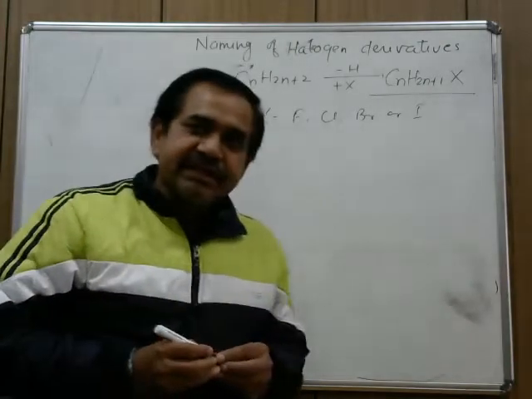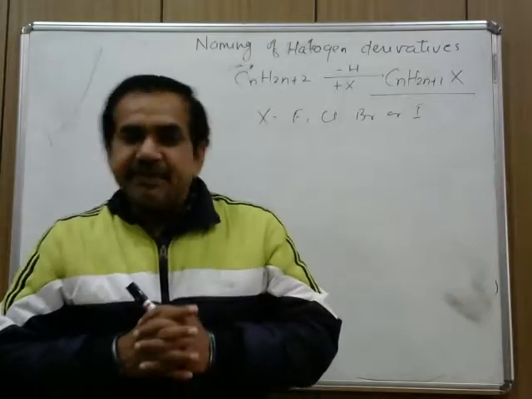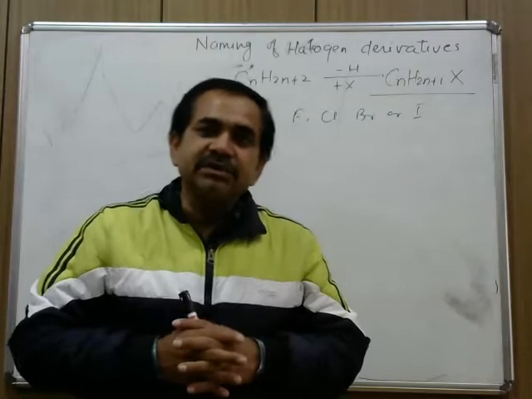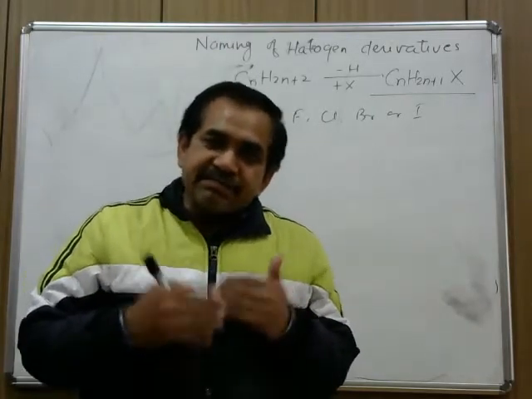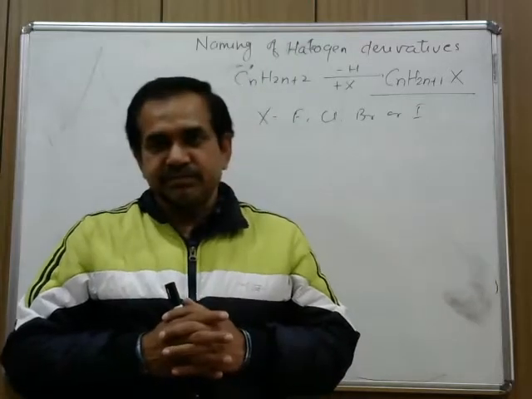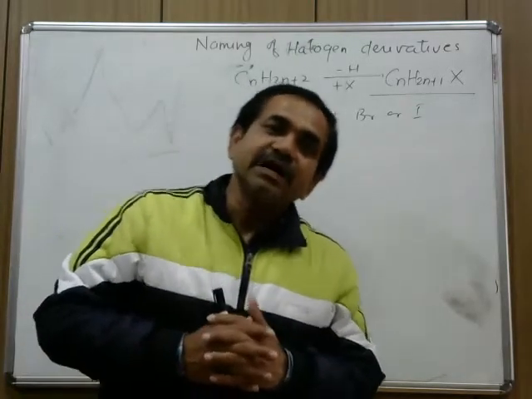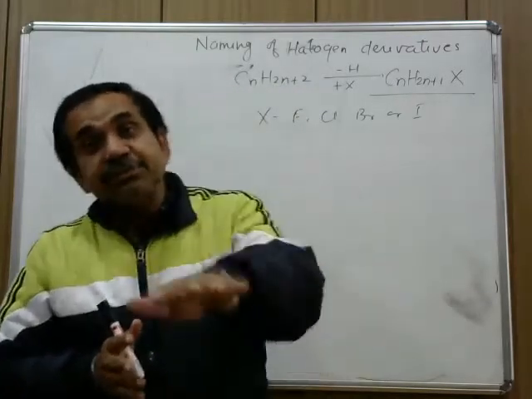Now for halogen derivatives, there is one interesting thing that we should keep in mind. Although the presence of a halogen atom makes the compound behave as having a functional group, for IUPAC naming the halogen atom is treated as a substituent.